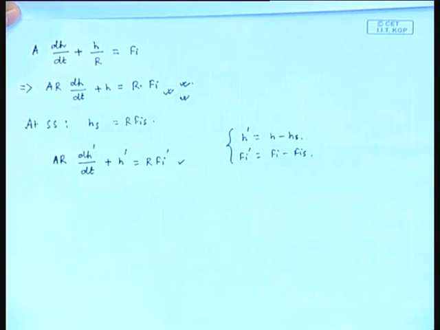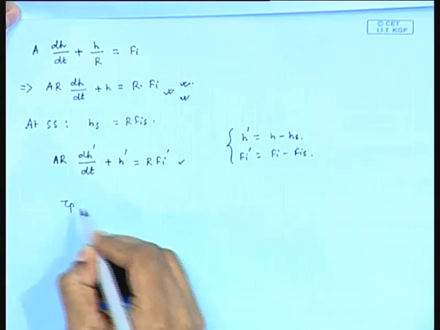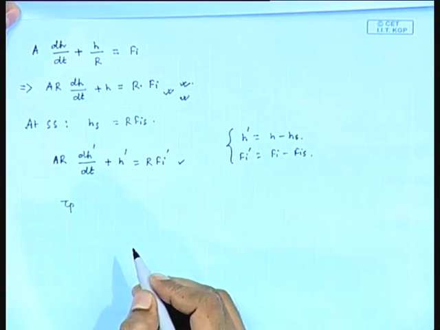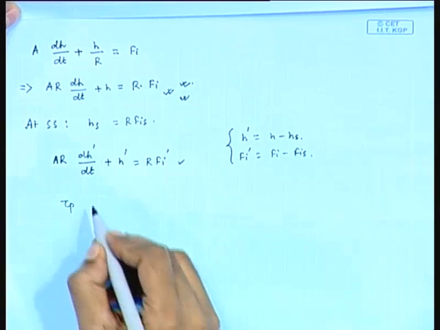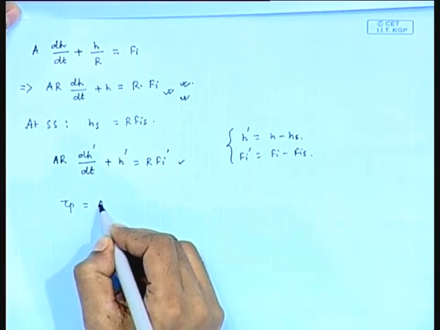These two deviation variables are involved. Now, we can replace AR by the time constant. Time constant we have represented by tau p, and here tau p equal to AR.